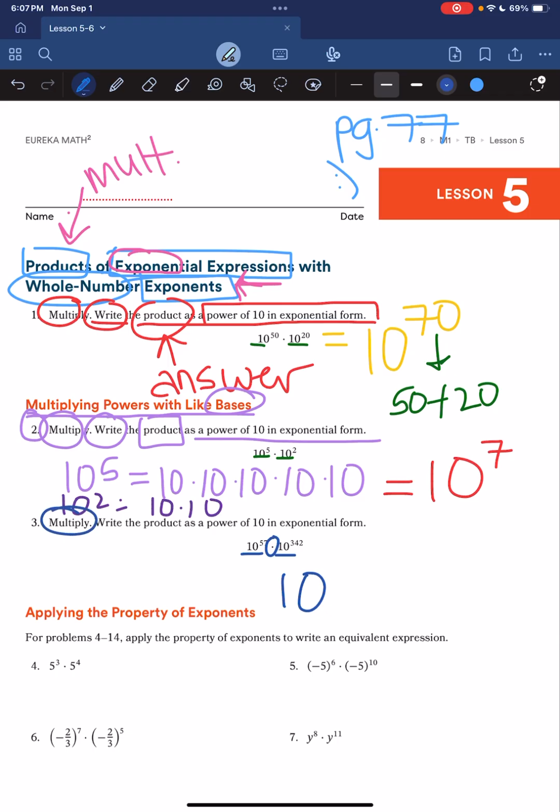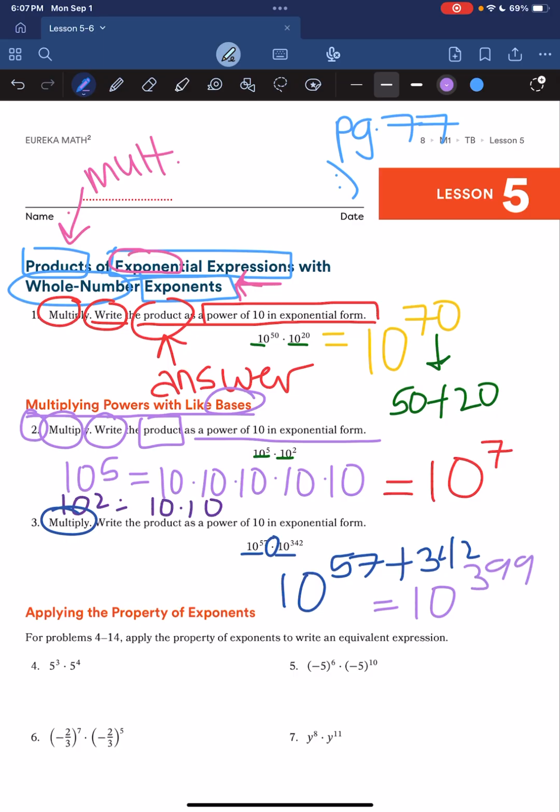All right, so I've got the two exponents, so I can say 10 to the 57th times 10 to the 342nd, rather large numbers, but don't let those bother you. That would be equal to 10 to the 399th.